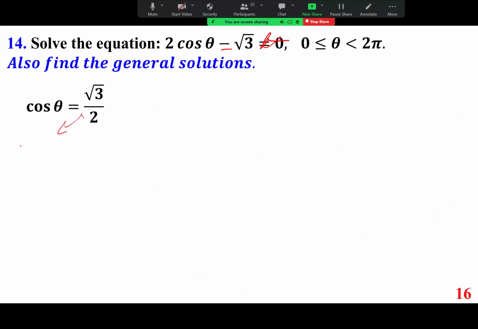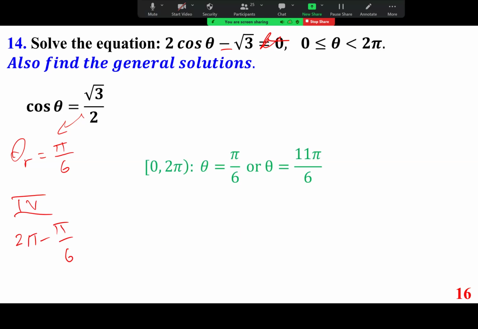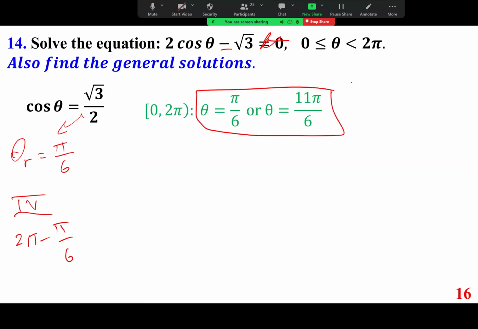Remember, the reference arc becomes pi over 6. Cosine is positive in the first quadrant, so one of them is pi over 6. And the fourth quadrant, 2 pi minus pi over 6. So the answers are pi over 6 and 11 pi over 6.